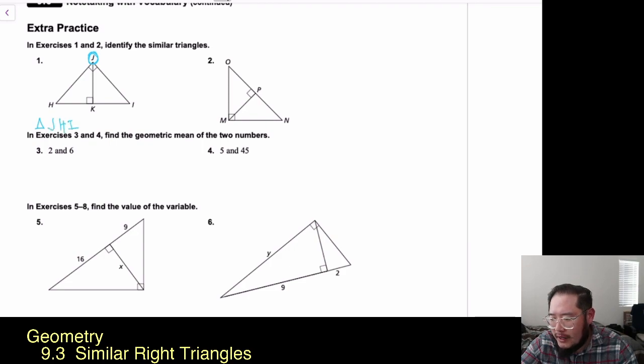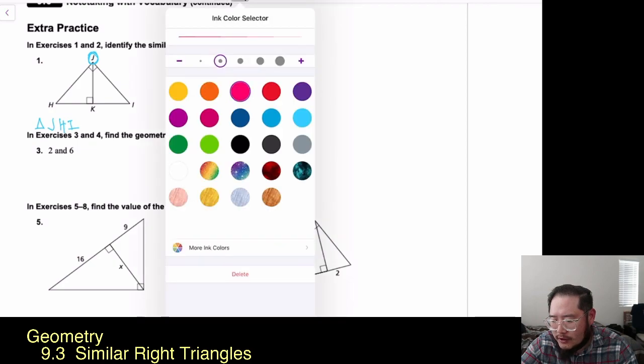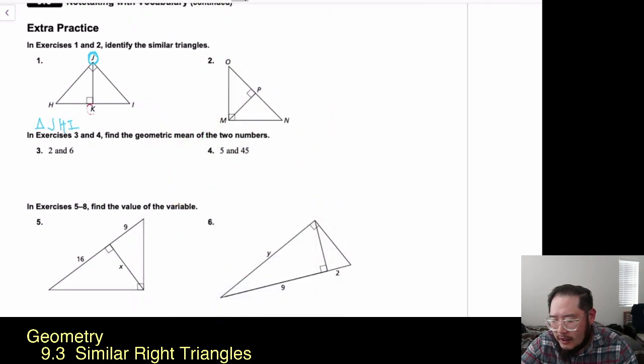That should be similar to, let's talk about the triangle to the left. I'll start with the right angle, and I'll put triangle K, and then right there JH.